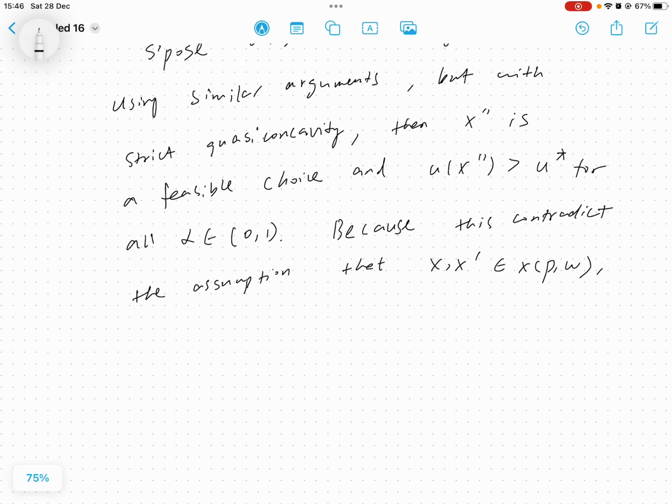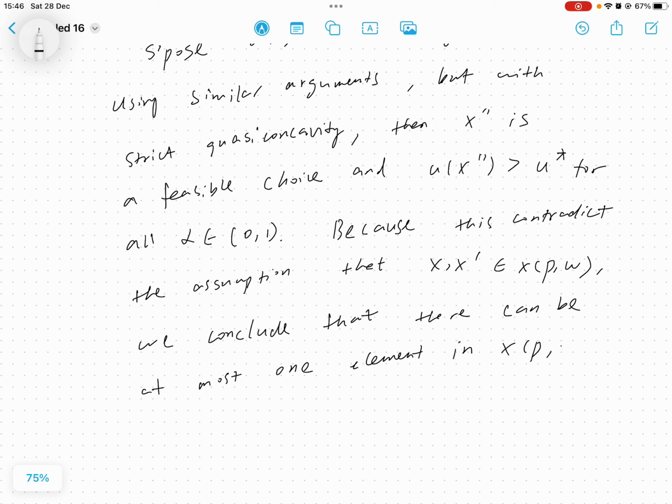Because this contradicts the assumption that x and x prime are elements of X(p, w), we can conclude that there can be at most one element in the set X. So there will be a single-valued set X.